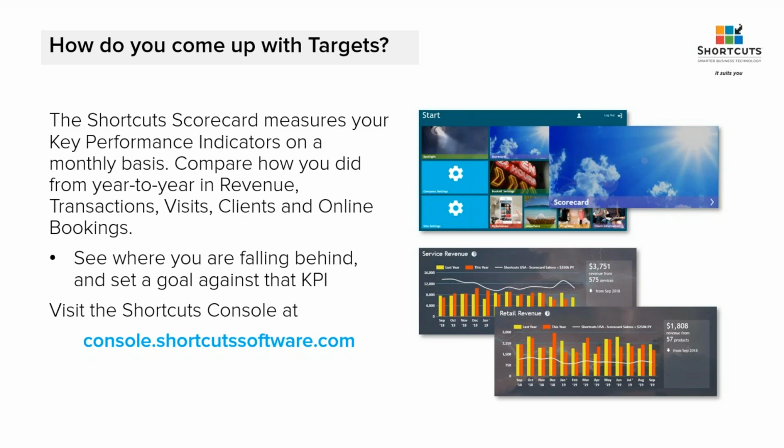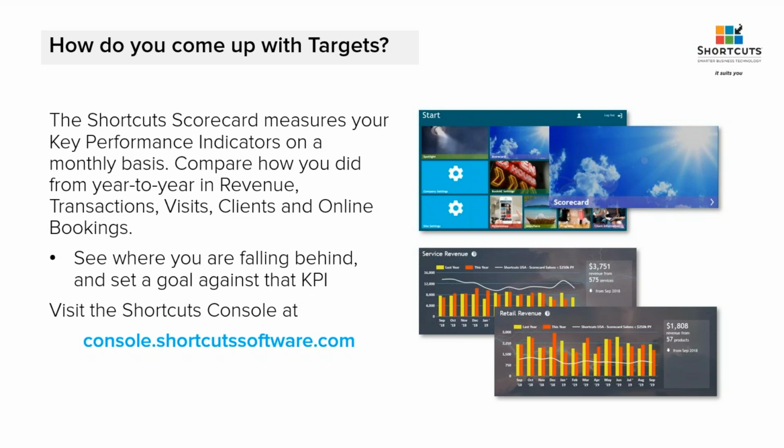And in that console, we have a tile called Scorecard. And what Scorecard does is it shows your business performance on a month-to-month basis. So if you are brand new to Shortcuts, let's say we installed Shortcuts on your system a week ago or 2 weeks ago, chances are you're not going to see much information in the scorecard.